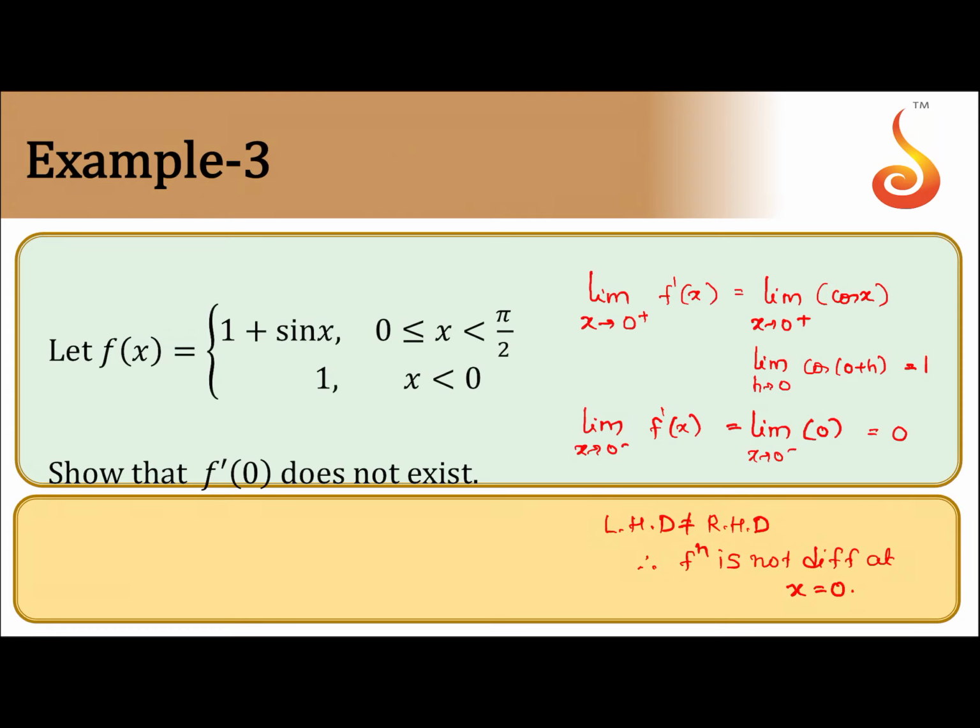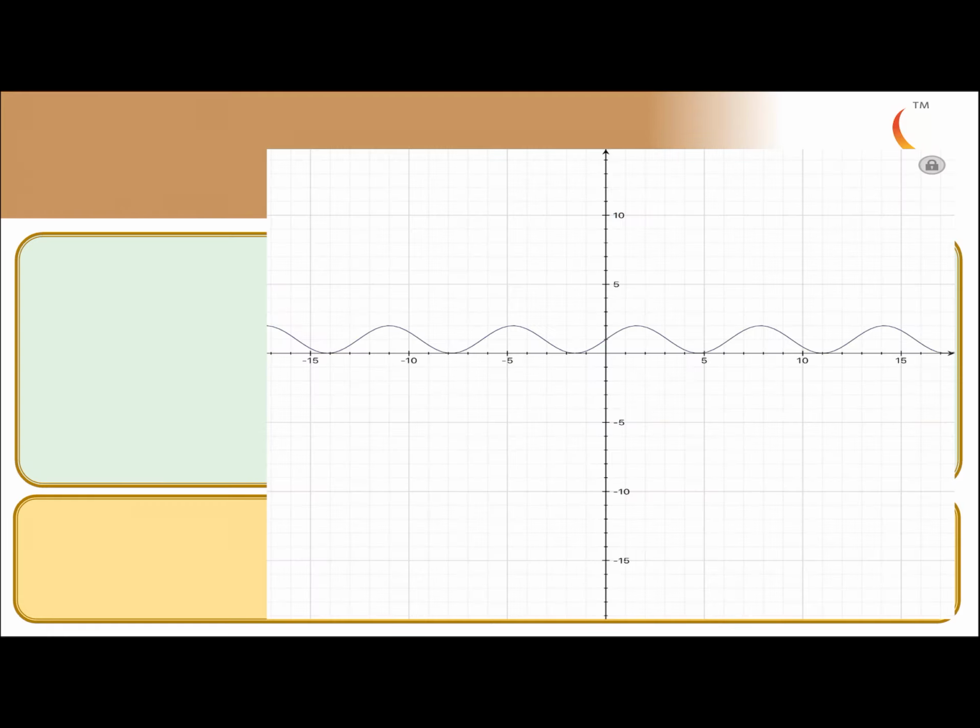So now I give an idea how the graph looks like and what it means. We have to take up to pi by 2. This is 0. Next from 0 it is a straight line. It's not the complete graph, it is showing the graph as a complete graph. This is the graph.